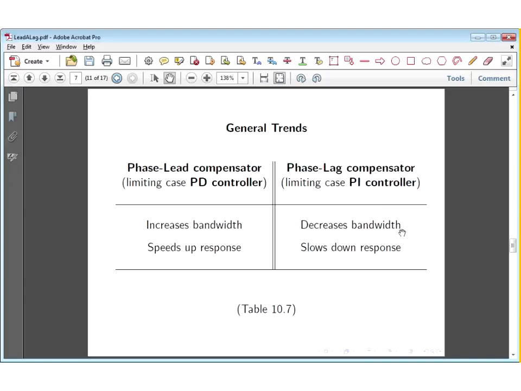On the other hand, if there's no bandwidth limitation in the specification and you want to make your system faster, in that case, the PD controller or the phase lead compensator is a good choice. Having said that, also bear in mind that the phase lag compensator or the PI controller tends to slow down the response. And this can then be an advantage, but usually it's considered to be a disadvantage.